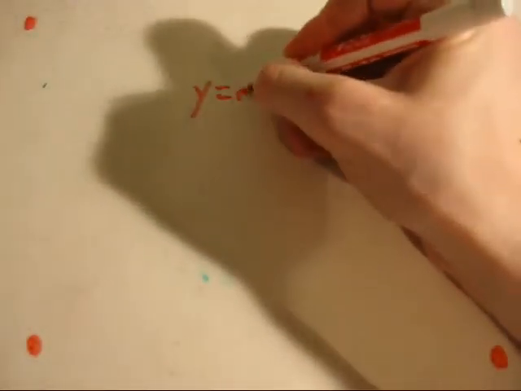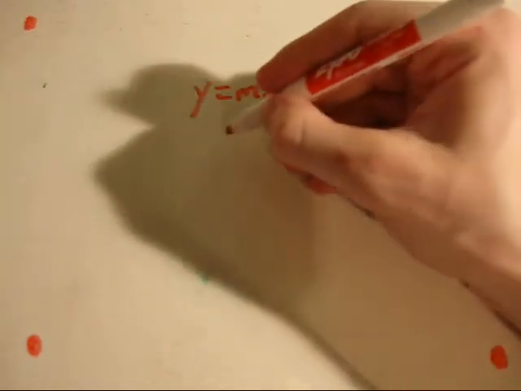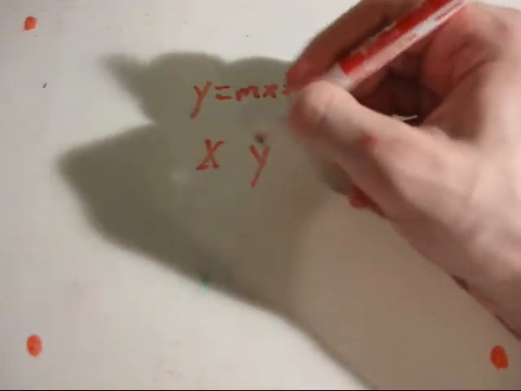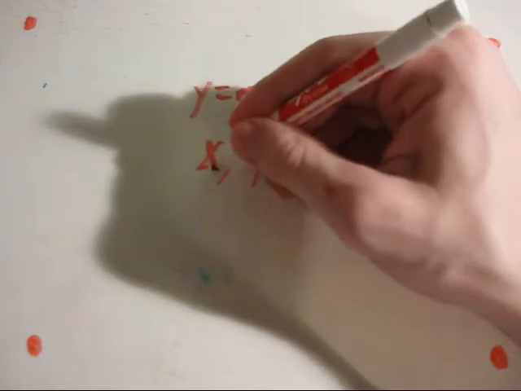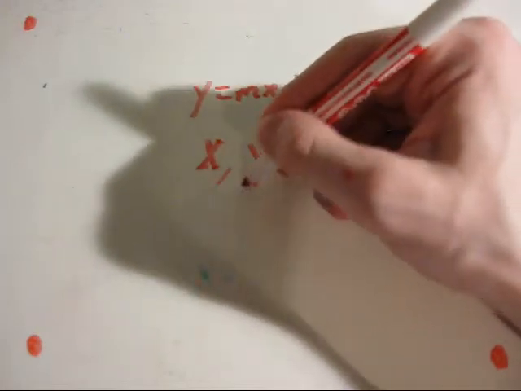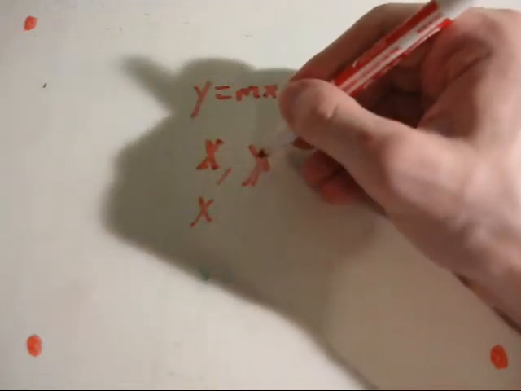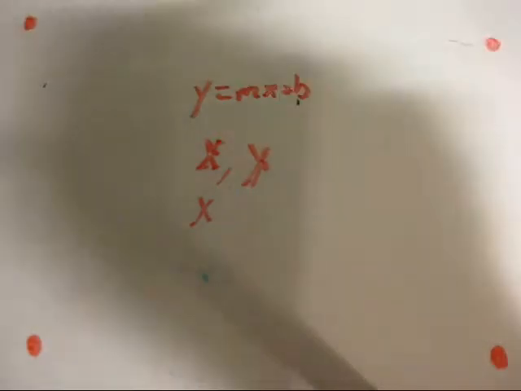Well, a function is like y equals mx plus b: it has an x and a y value, where the x value produces one y value. Multiple x's can have the same y value, but only one y value per x.